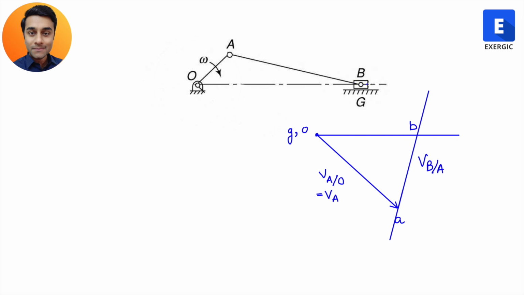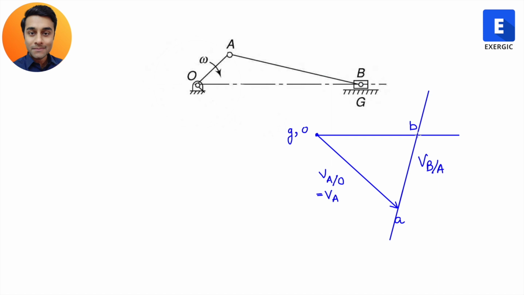And if the slider is moving like this with respect to rest, then B is also moving like this with respect to rest. With respect to rest being the keyword, right? So if the slider velocity is represented by this, then obviously the velocity of B will also be represented like this, correct? And the point where these two lines intersect is the common point between them, just like point B. Point B was common in AB and it was also present in the slider.